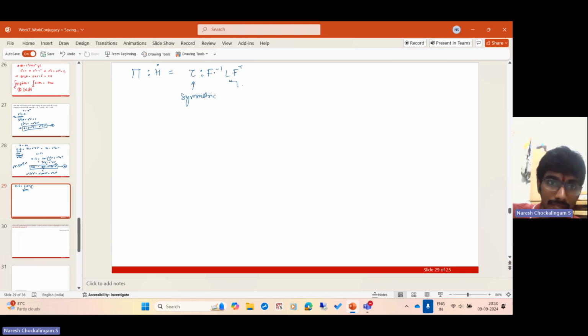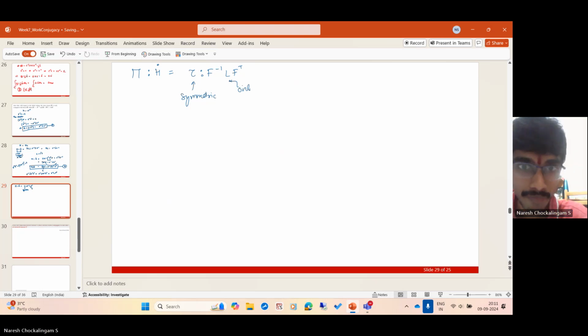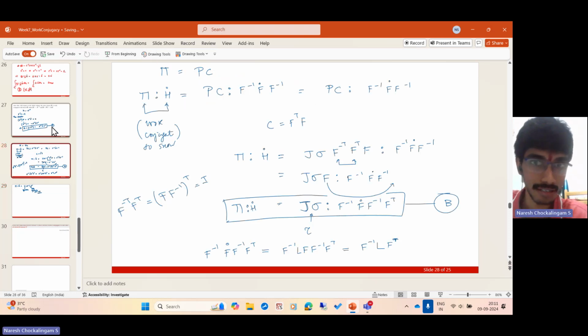But we know that the double contraction with an antisymmetric tensor is going to give us 0, and only the symmetric part of this will contribute. So let us see what the symmetric part is.